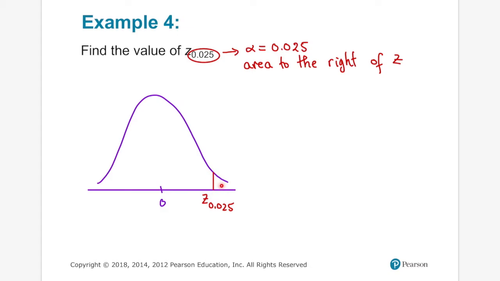This area is 0.025 right here. And I want to find that value. So basically, probability of z greater than that question mark is equal to 0.025. And my job is trying to look for that question mark.